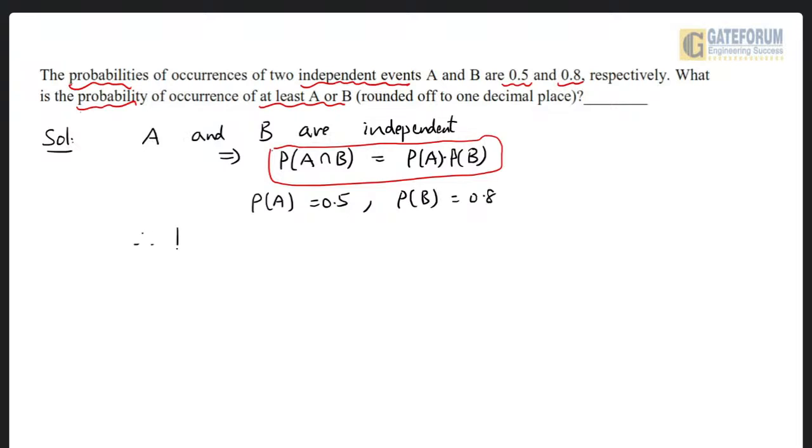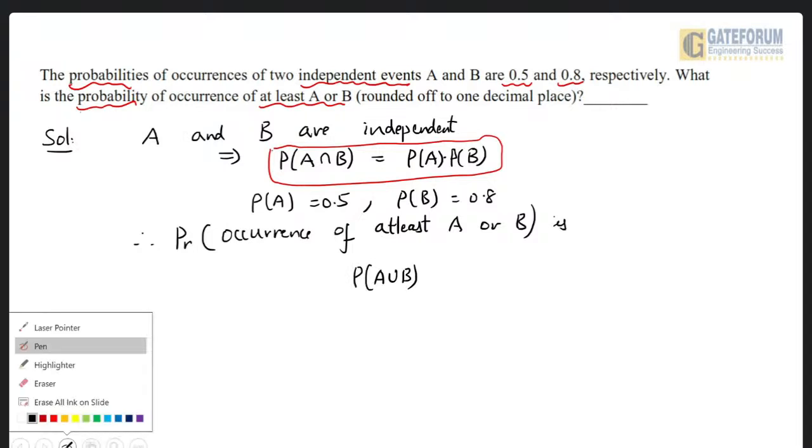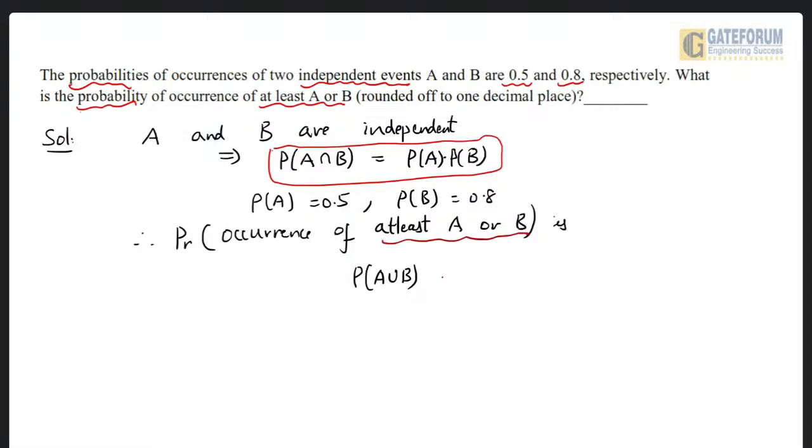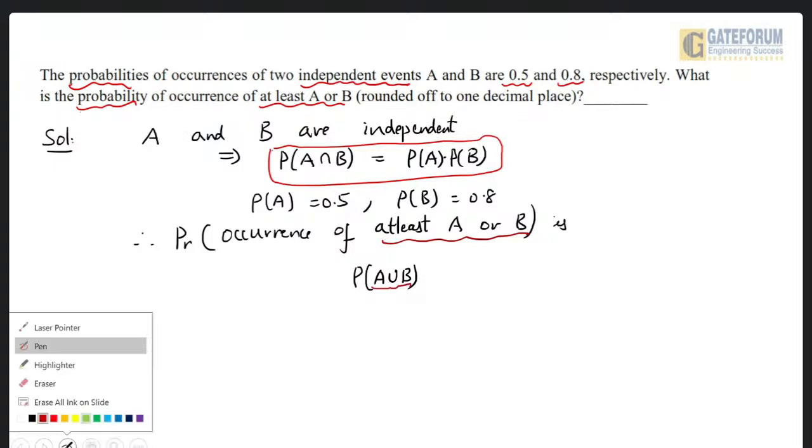Therefore, the probability of occurrence of at least A or B, that is at least one of the events, means union only, which is nothing but P of A union B. So take care: both A and B means A intersection B. That is the verbal descriptive event and its equivalent set theory notation.